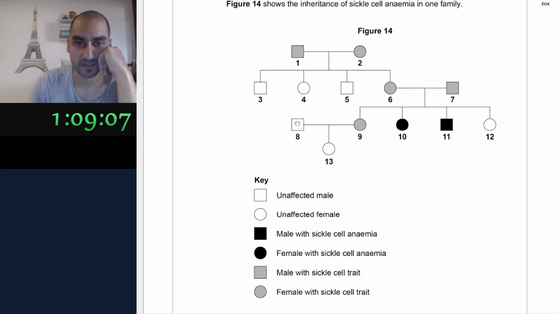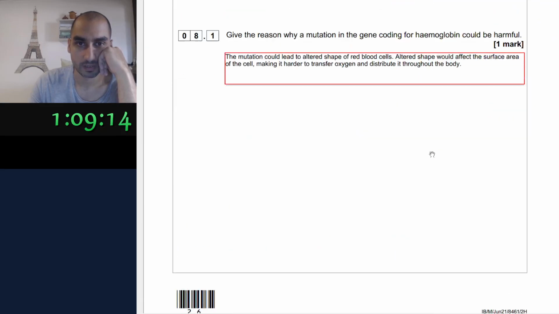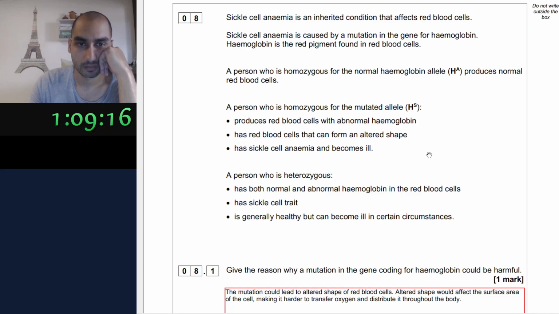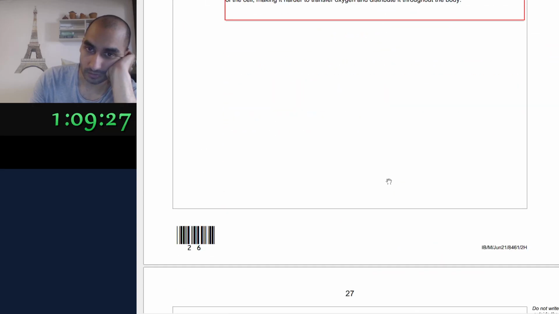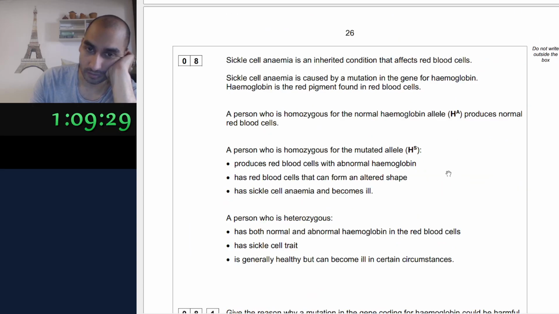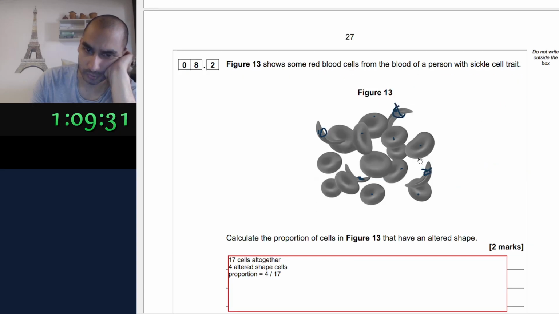Okay, so we've got an unaffected male, and we've got a female with the sickle cell trait, which means she has one mutated allele, one normal one, right?